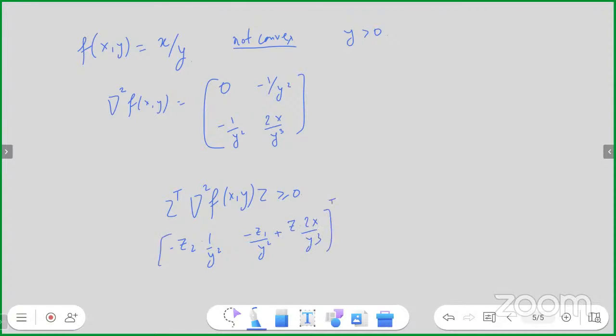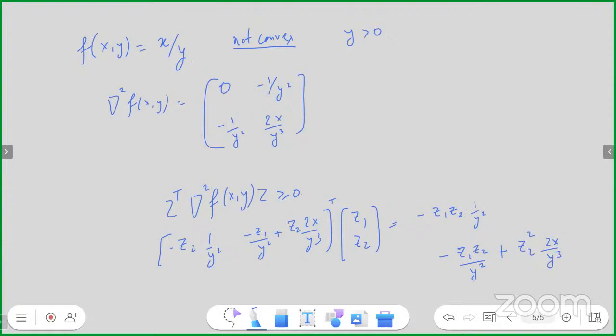This is my vector, which is going to get multiplied with z1, z2. So far, so good. So this is minus z1 z2 by y square, minus z1 z2 by y square, plus z2 square times 2x over y cube. I've done everything right.